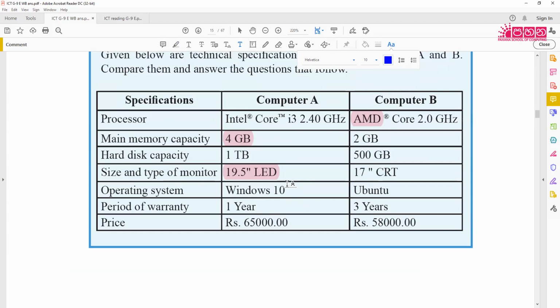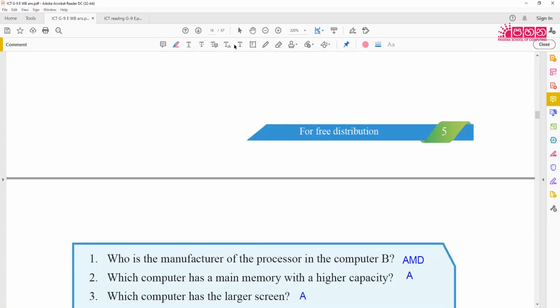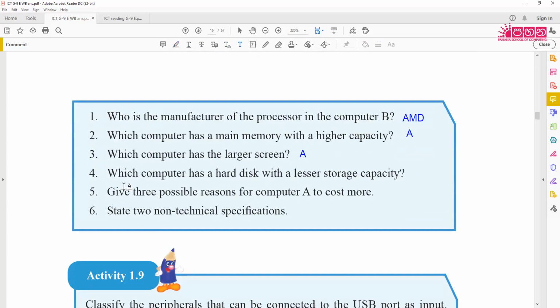Computer B. Computer B, yes. So it should be B. So the answer for the fourth one, this should be B.